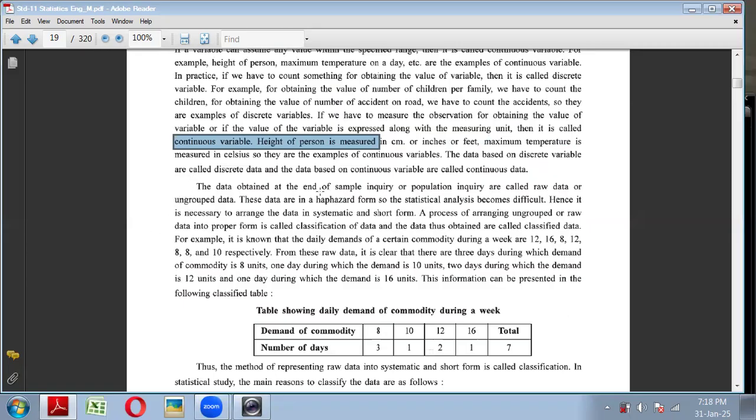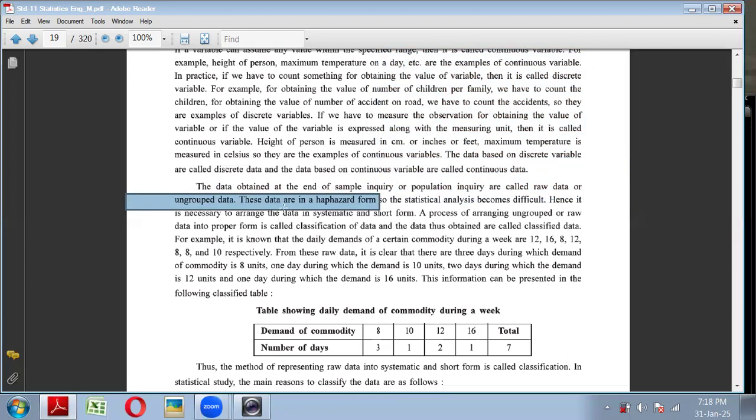Now, whenever we obtain any data in a population inquiry or sample inquiry, that is called raw data or ungrouped data, because these data are not classified properly. They are ungrouped and haphazardly arranged, so it becomes very difficult to analyze that kind of data.